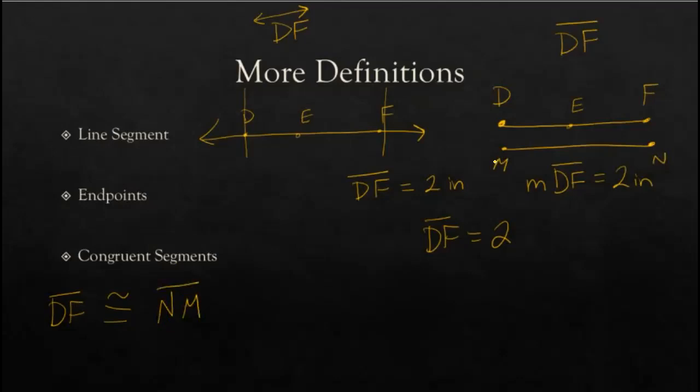I could also name it MN, but I chose to go backwards and name it NM. But they're congruent. You can see that they have the same length because the measure of NM is equal to 2 inches. When their measures are equal, when they have the same length, then we can say that those line segments are congruent.